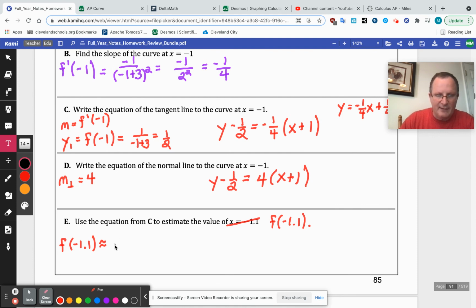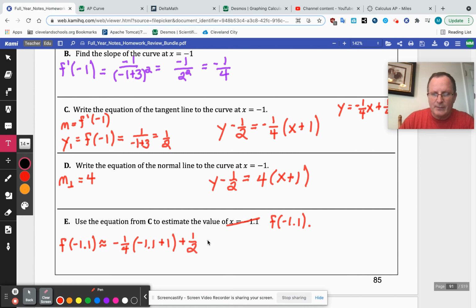I'll go ahead and add the 1/2 to both sides. So approximately equal to negative 1/4 times a negative 1.1 substituted into the line that we created, and then I have to add the 1/2. I like that. That's pretty good.